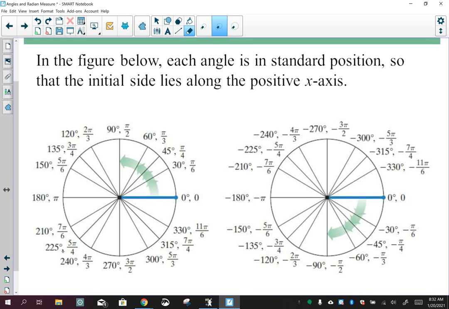When you're looking at the unit circle, it's going to be broken down into specific pieces. We're going to primarily focus on the first quadrant, and that goes from 0 to 90. You'll notice there are 3 pieces in here: 30 degrees, 45 degrees, and 60 degrees, and then their respective radians.